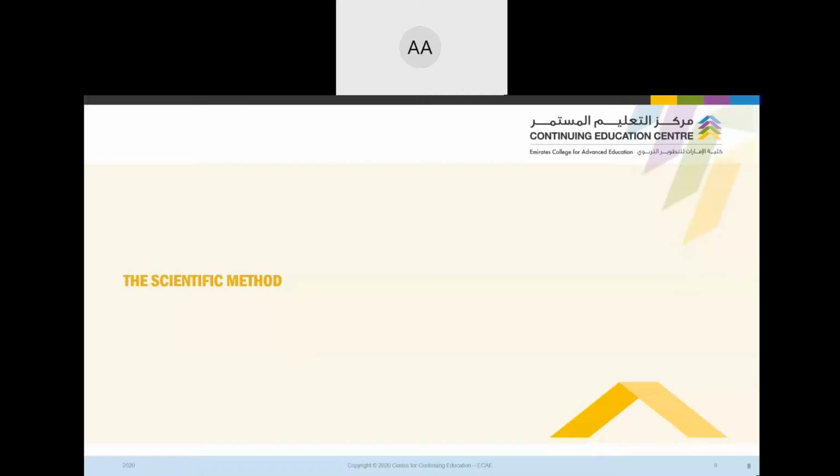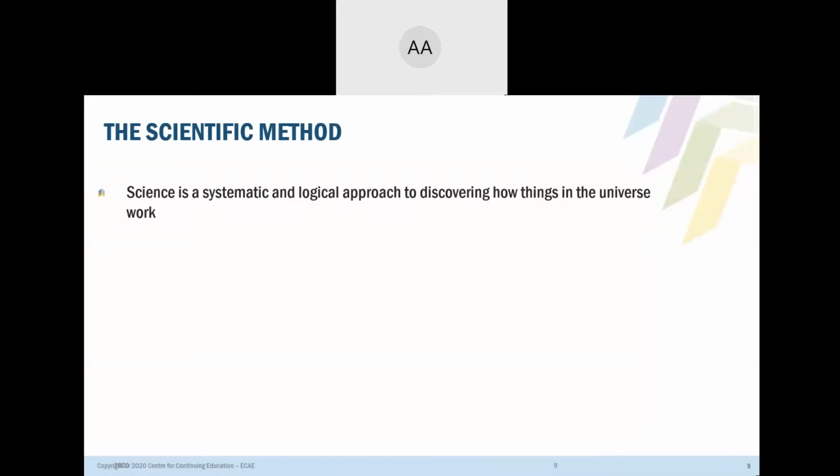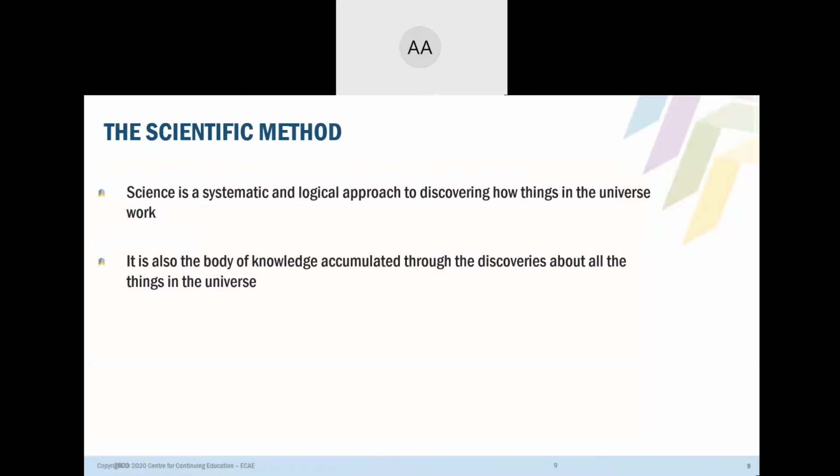So we've got a small activity to conduct now, and it's a discussion. If you're watching online, find someone to discuss this with, or personally note down some ideas, and then start thinking about how science is a systematic and logical approach to discovering how things in the universe work. It's a body of knowledge, we know that.